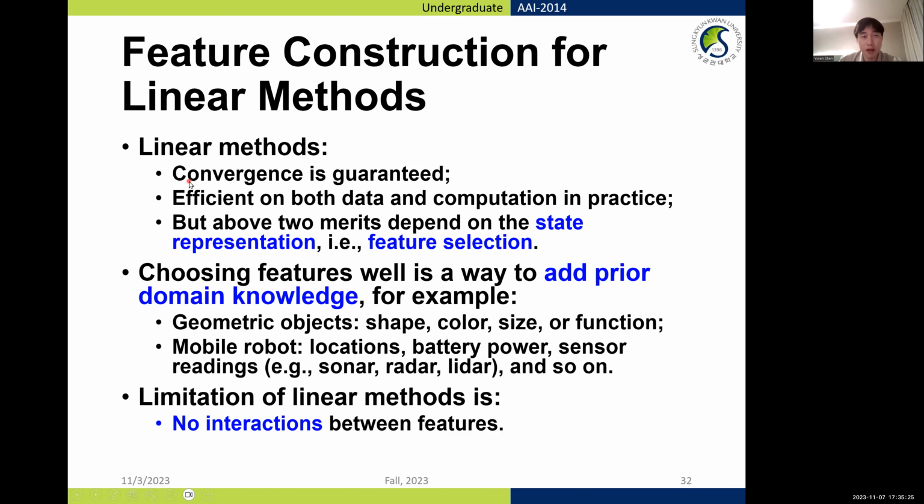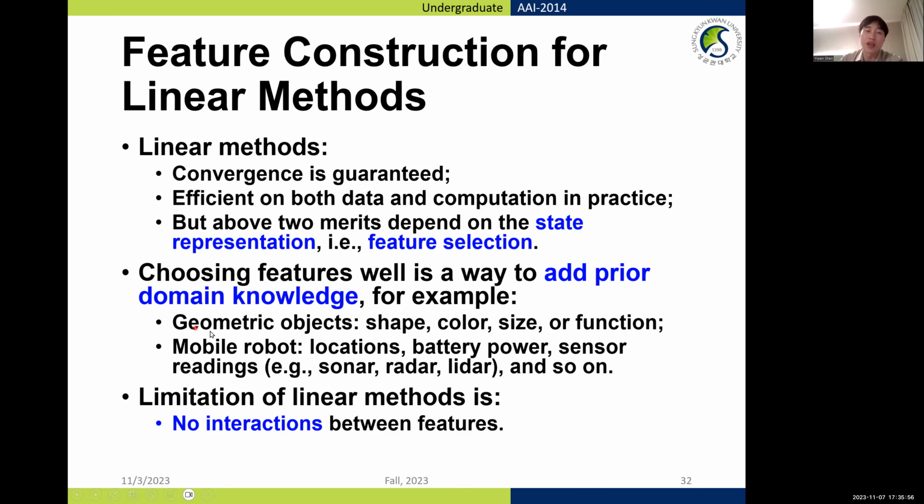Linear methods have some merits here. Convergence is guaranteed, and they are efficient in both data and computation, but they have some limitations. The above two merits depend on state representation, which means how we do the feature selection. Choosing better features is a way to add prior domain knowledge to this learning process.